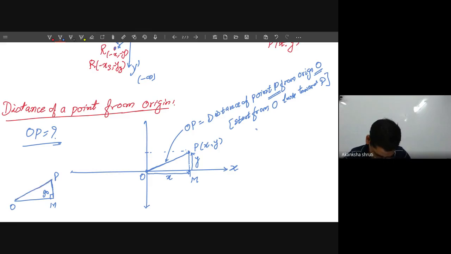So it is going to form a right angle triangle. Therefore, this length can be calculated by applying Pythagoras theorem. This is our x, this is our y. So what will be this OP?